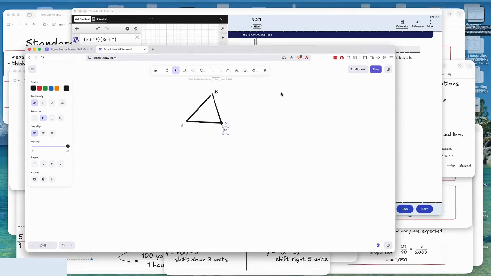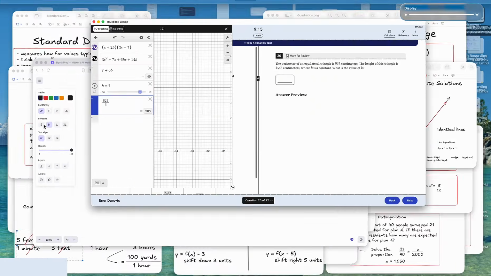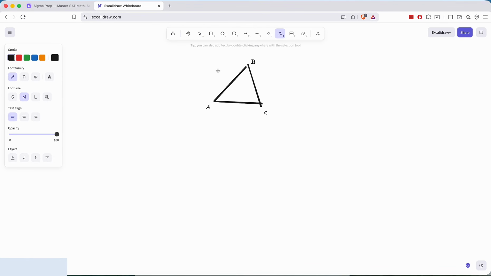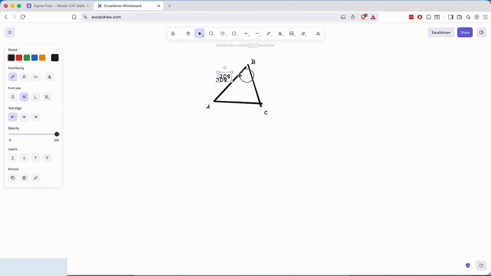And they told us the perimeter is 624, so we're going to divide that by 3. So we know that each side is 208, all the way around. So 208, 208, 208. The other thing you want to know about an equilateral triangle is all the angles are going to be 60, right? So 60, 60, 60.